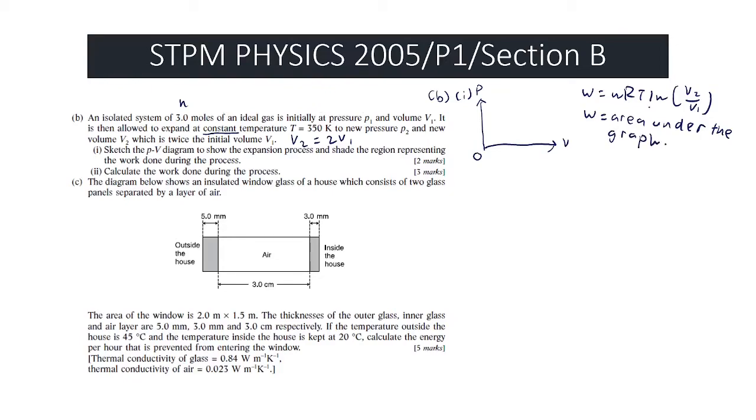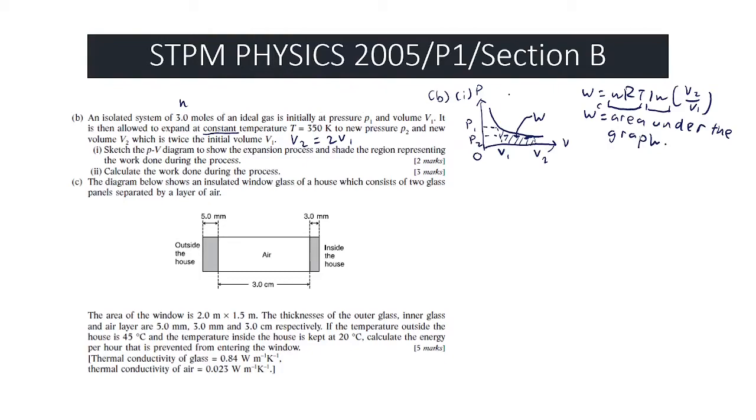And here you can see that this is a log graph, and the nRT is just a constant, and so the graph will look something like this. And let's say here is the V1 and here is V2, and this shaded area is what we call the work done, and here corresponds to P1, and here until here will correspond to P2.